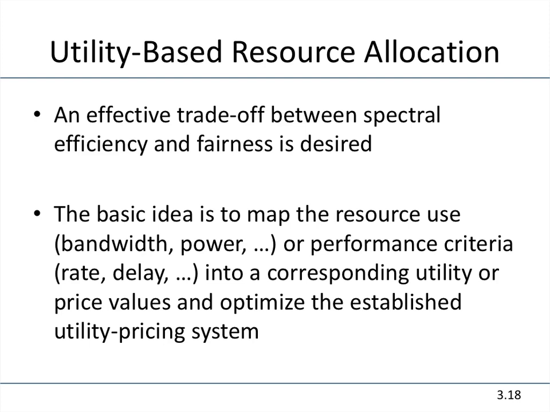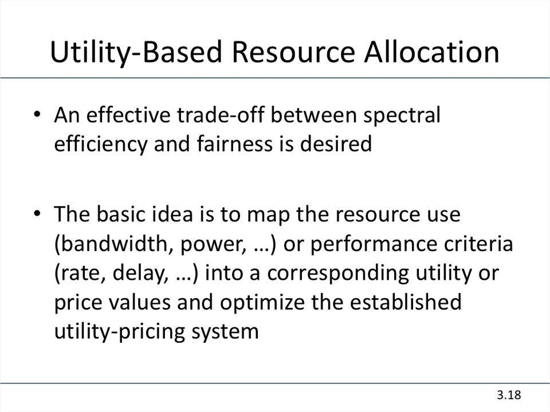So the basic idea for achieving that trade-off between spectral efficiency and fairness is to map different bandwidths and power and some performance criteria into a corresponding utility. This utility is just a function that tries to integrate into it this proportional fairness.